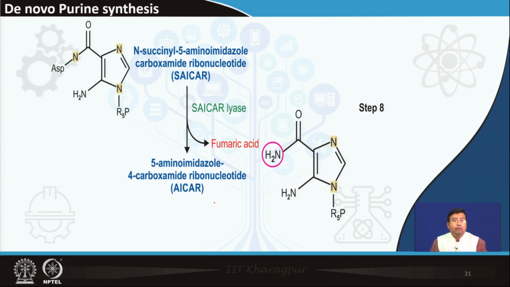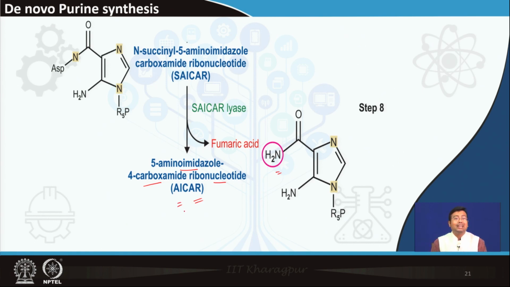Same thing is happening over here. So, aspartate has donated its nitrogen and now the remaining part has left via fumarate, and it ultimately converts to 5-aminoimidazole 4-carboxamide ribonucleotide. The succinyl group is gone and this is the final product which is abbreviated as AICAR.